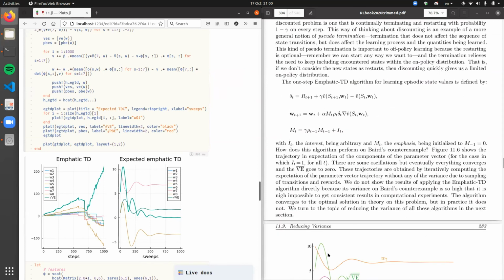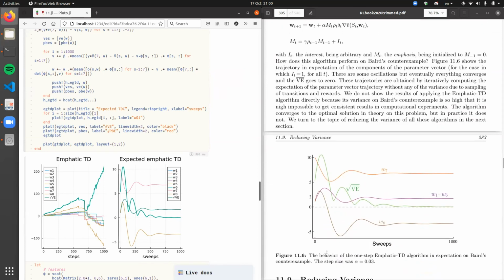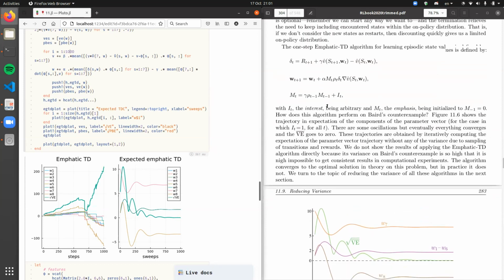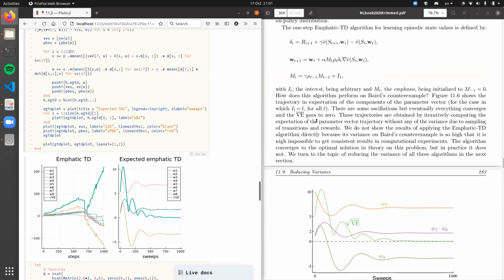So, we have these experimental results for this method, but as I mentioned, in the book this algorithm did not converge with sampling, so they used expected values to produce these results.